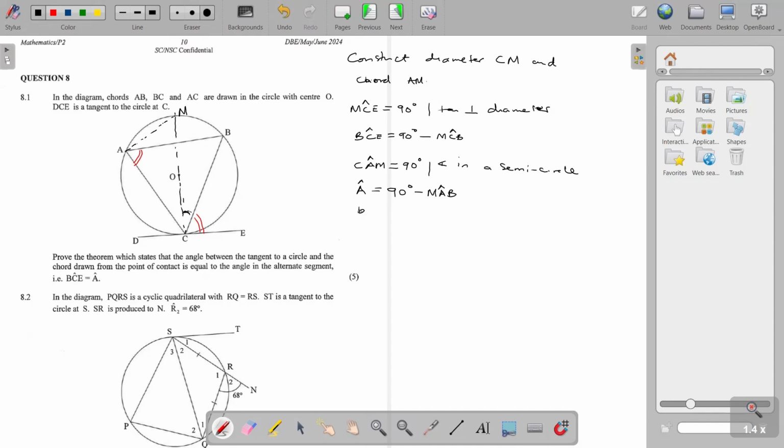But our angle MAB is equal to our angle MCB. What is the reason for that? If we check, these two angles are subtended by the same chord BM. The reason: these are angles in the same segment.